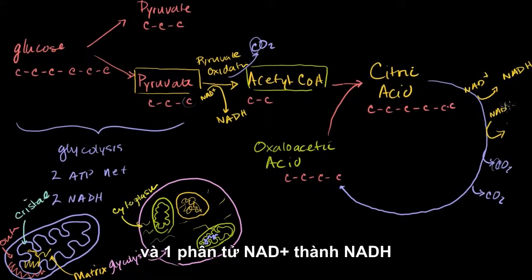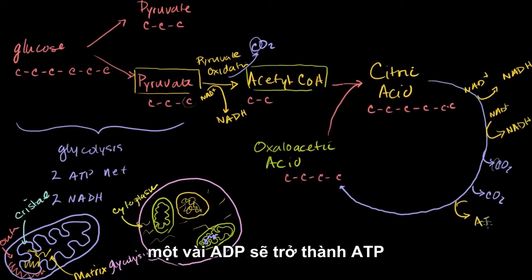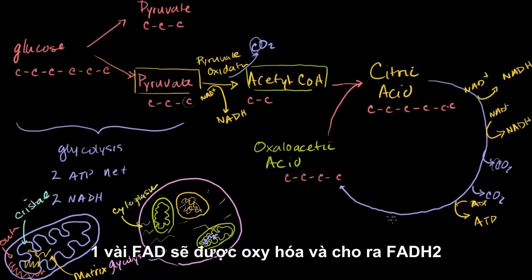Another NAD plus molecule will be reduced to NADH. Maybe we'll produce some ATP, or some ADP will turn into ATP. ADP turning into ATP. Maybe we have some, and not maybe, this is what happens. Some FAD gets, let me write it this way. Some FAD gets reduced into FADH2.